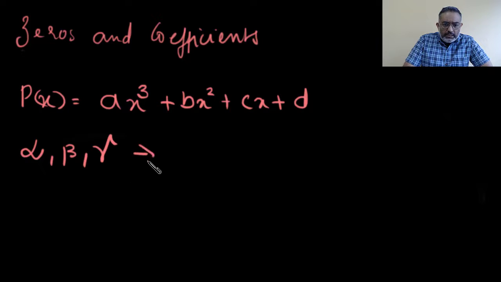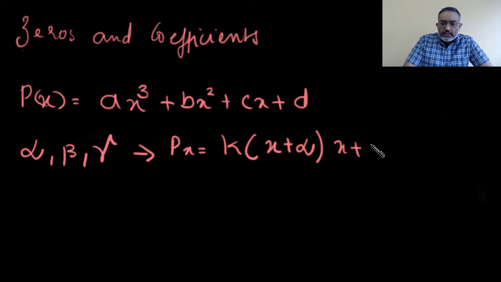Now in the same way as before, we need to imagine a slightly different form using these three zeros. So you get p of x is equal to k, which is the constant term, times x plus alpha times x plus beta times x plus gamma.